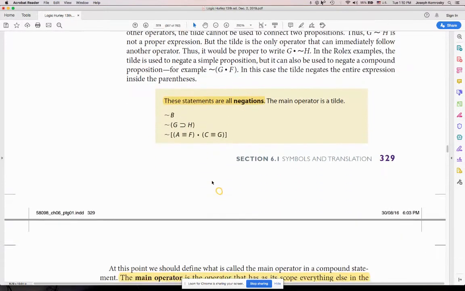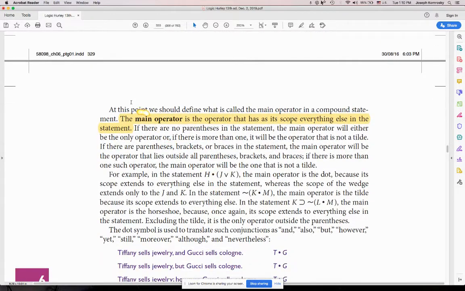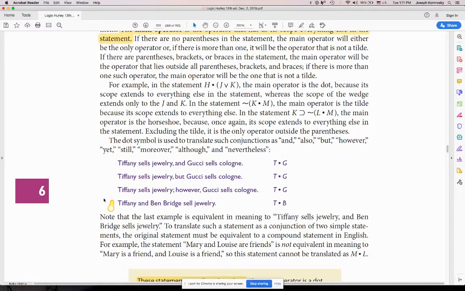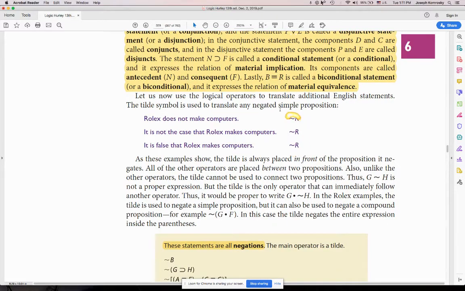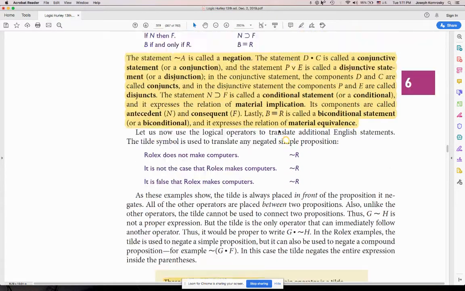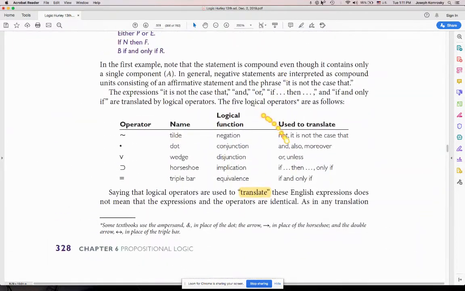Okay. Main operator: I already went over this, but the main operator is the operator that has as its scope everything else in the statement. So if we look at all these, the main operator is the tilde. Again, if you're confused, these are all operators.